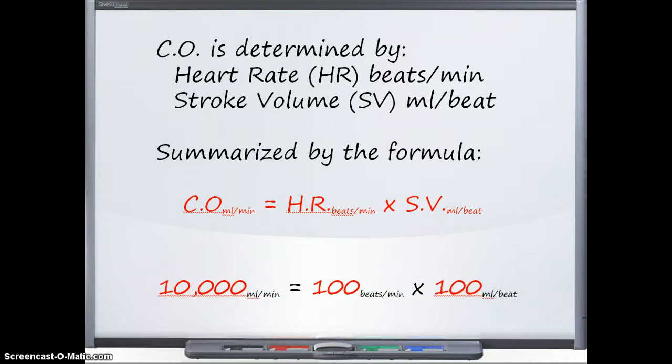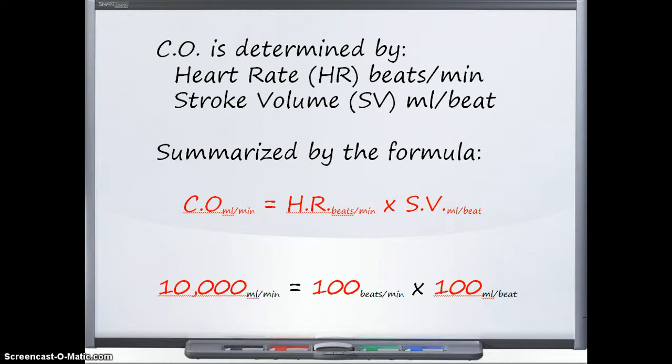We, of course, can increase the stroke volume of the heart. If the heart rate had increased to 100, and let's say it does when you're climbing a flight of steps, and your stroke volume increases to 100, your cardiac output would actually go up to 10,000 milliliters per minute.